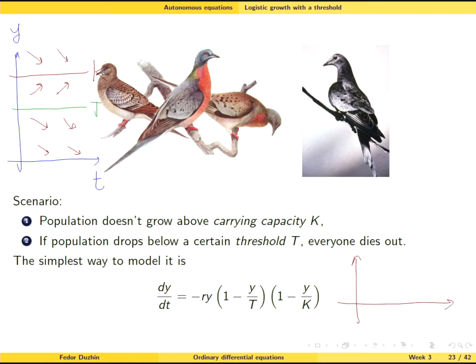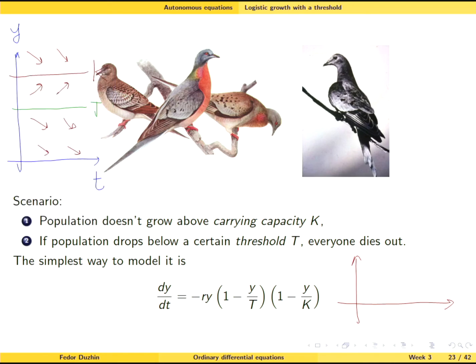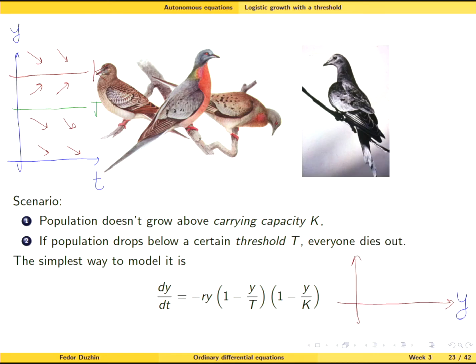So if this horizontal axis is y, we need a function such that it is 0 at 0, then at T and K, sorry, then more than T is negative, here positive, here negative and positive. So positive, negative, positive, negative.